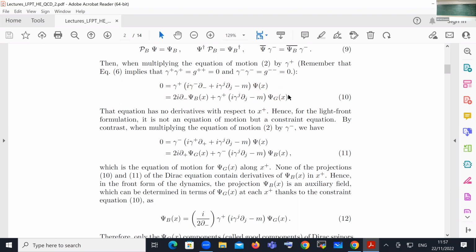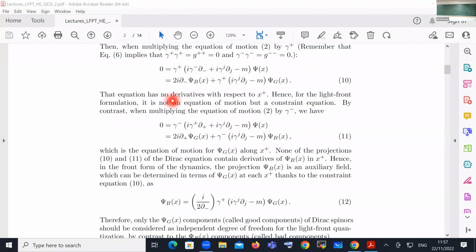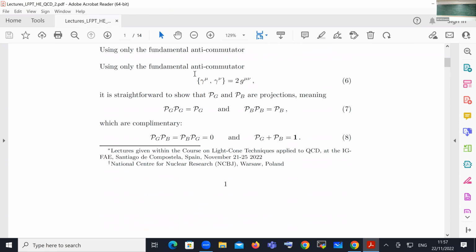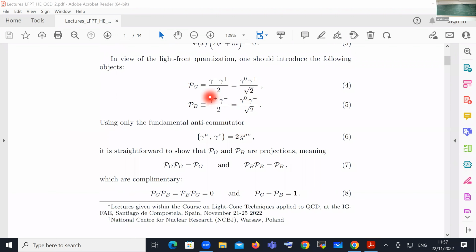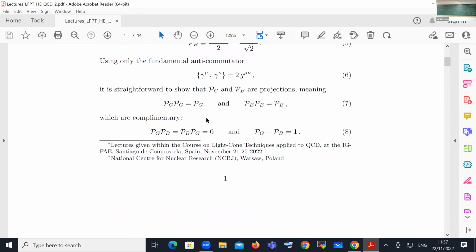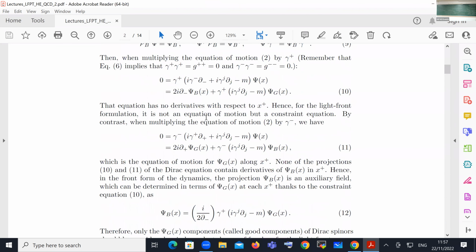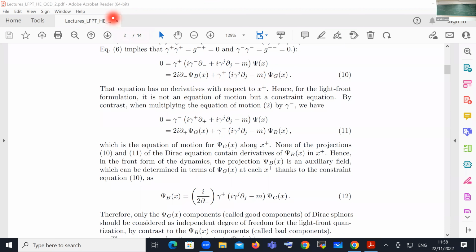Now, if you play with the projection here, this term with gamma plus gamma minus would effectively be just twice this PB projection. So we get only the field here with the minus derivative. And here, since there is a gamma plus, that will select the G component. So that's one projection of the Dirac equation.